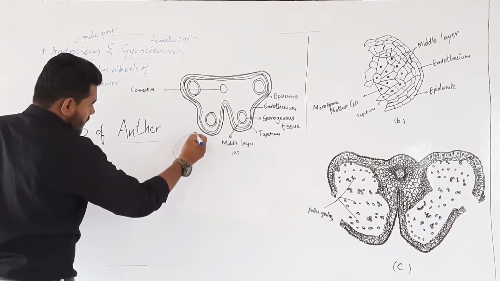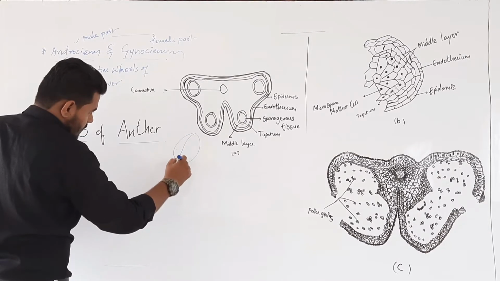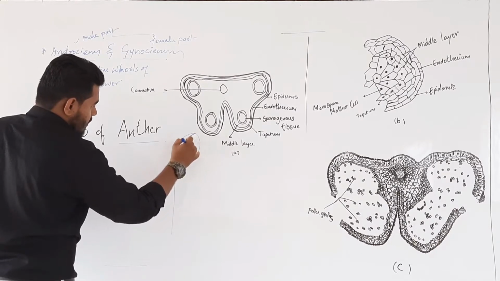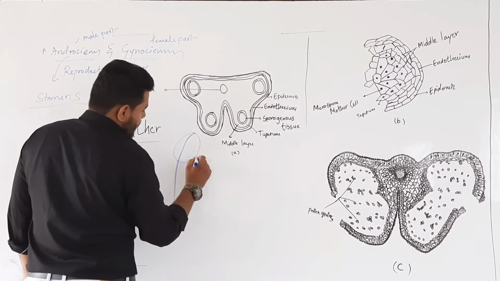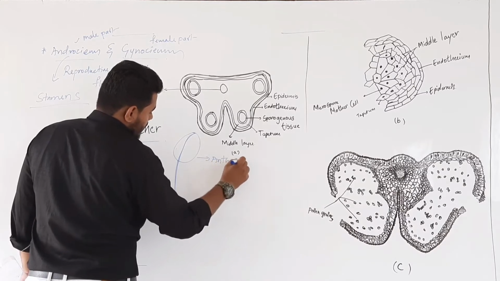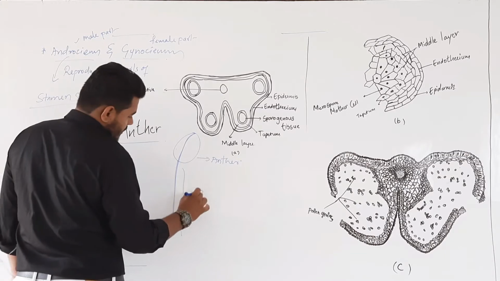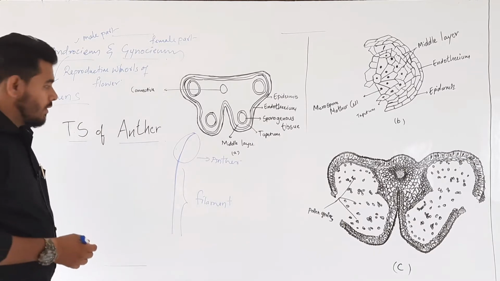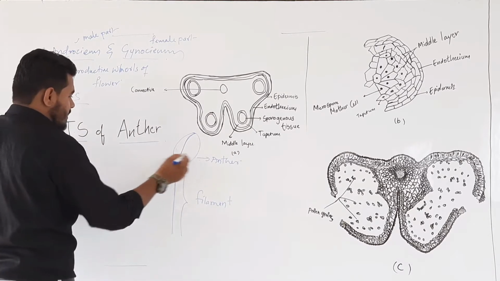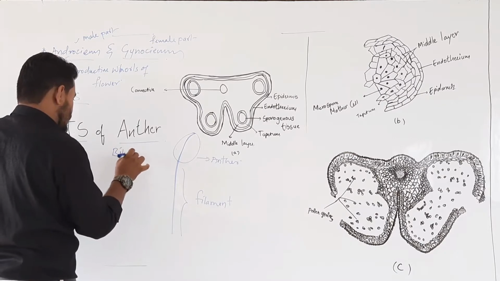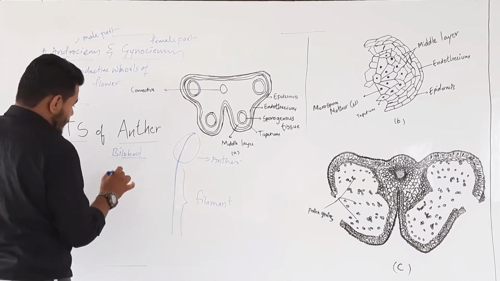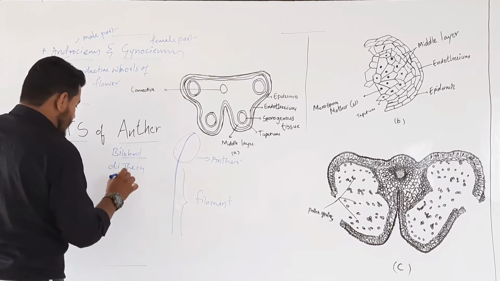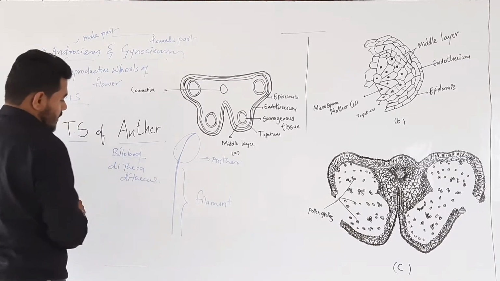You just observe here. This is a particular stamen, in which this bulge part is called anther and this stalk-like structure is called a filament. Usually in angiosperms this anther is bilobed, and these lobes are called theca, or you can say that it is dithecous.